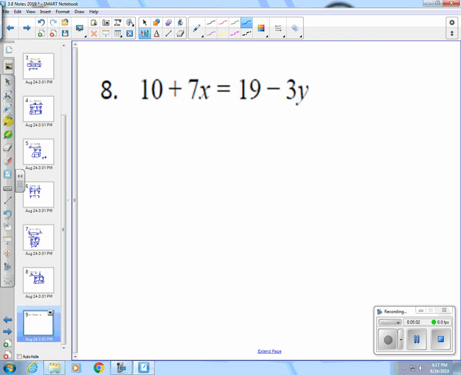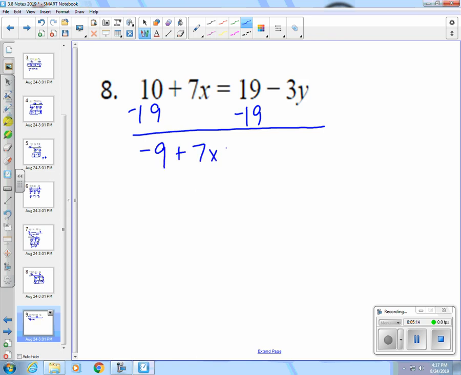One last example. We have the negative 3y with a 19, so that means we're going to subtract 19 on both sides. So we get the y term alone, gives us negative 9 plus 7x equal to negative 3y. And when we divide by that negative 3, it's going to be on every term.